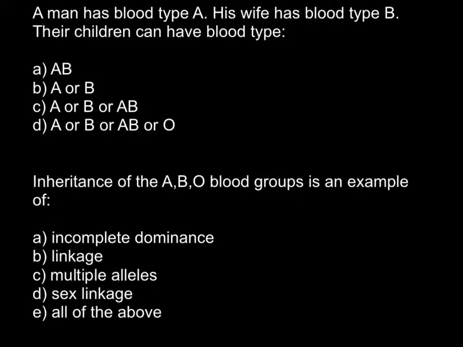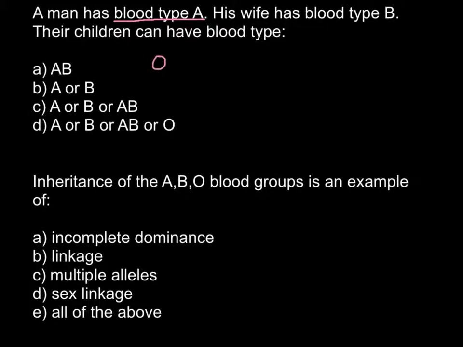A man has blood type A, his wife has blood type B. Their children can have blood type, and here are the four answers that you may choose from. In order to answer this question, let's consider what different genotypes may produce blood type A, that is the blood type of the man.